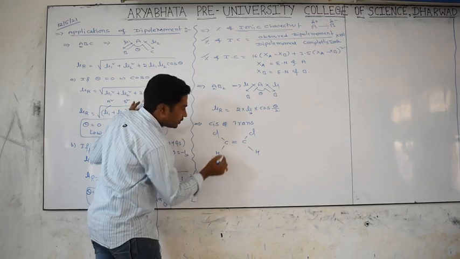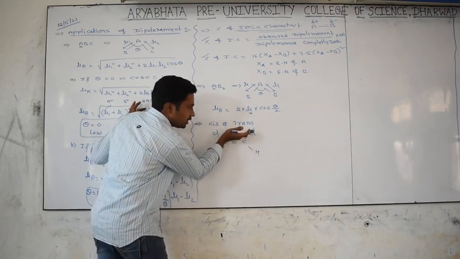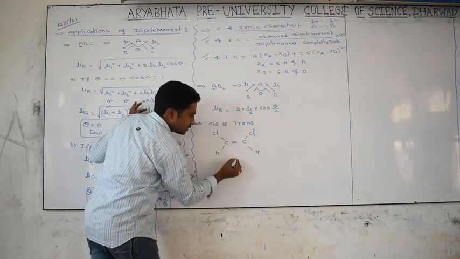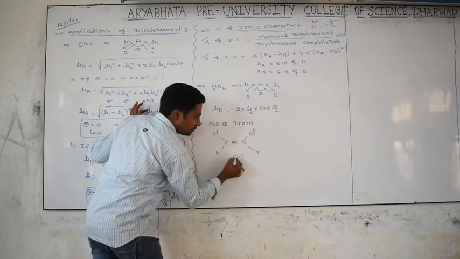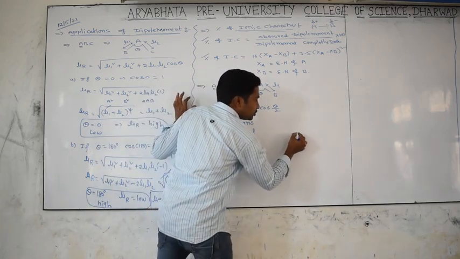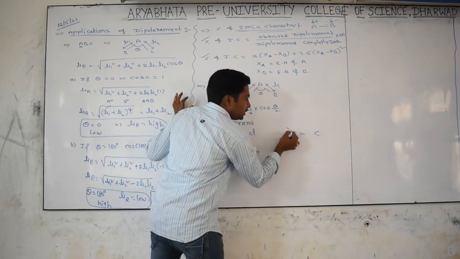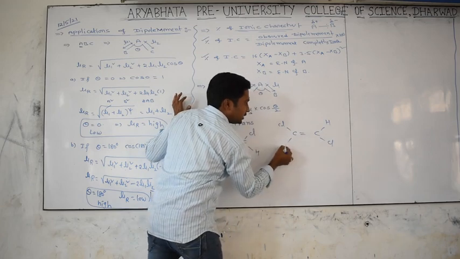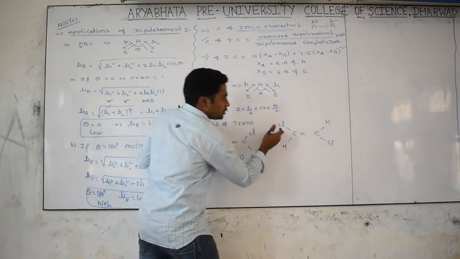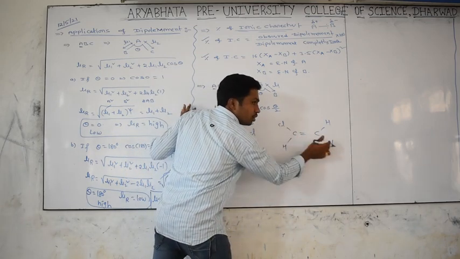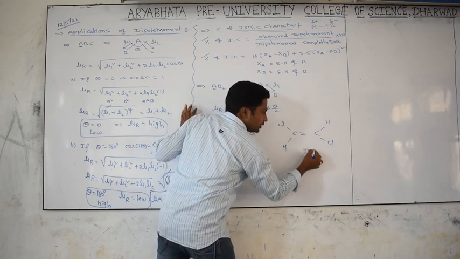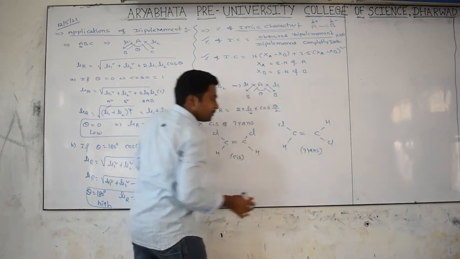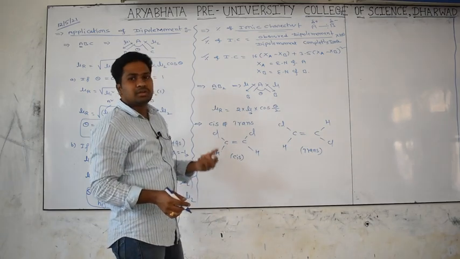Cis, because with respect to the double bond, the same groups are on the same side. And I am taking the trans isomer: C double bond C, here Cl and here also Cl, here H and here H. With respect to the double bond, identical groups are on opposite sides, that's why we call it the trans isomer. Sir, how can you distinguish based on dipole moment?